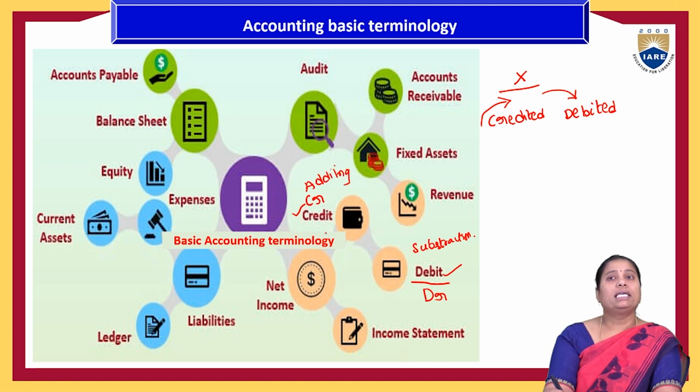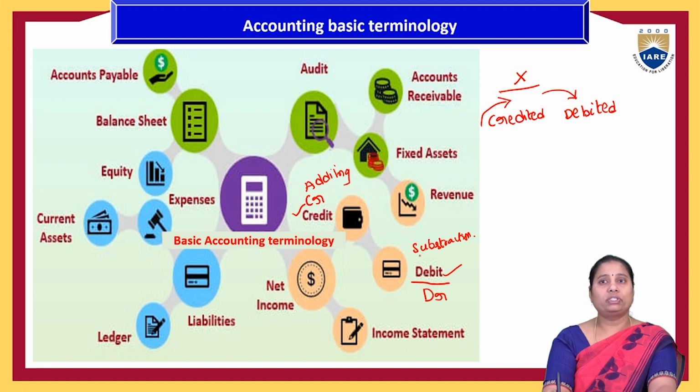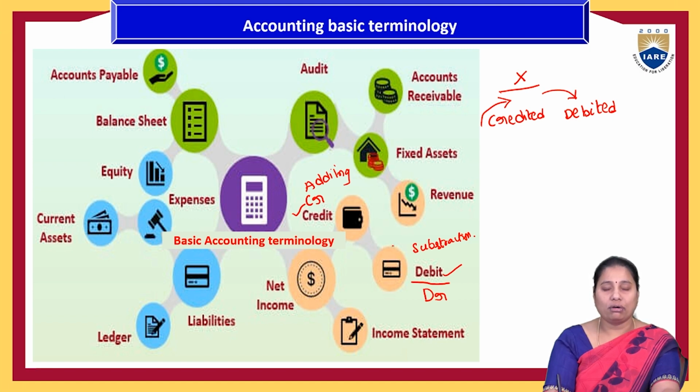First of all, these two terms are verbal forms. So this is an activity. The activity of adding funds is called credit. The activity of subtracting funds is called debit.